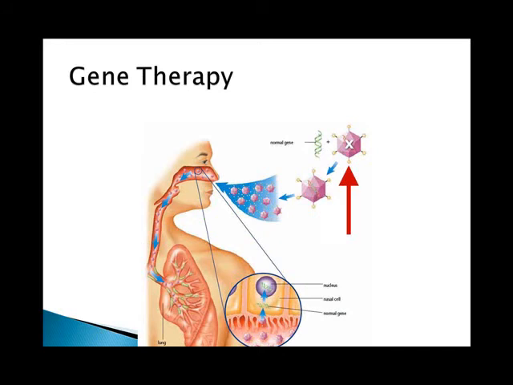Gene therapy is another type of genetic technology that we're starting to use. The first trials of gene therapy haven't gone super well, but more and more trials are going on now, and they're going a lot better because we've learned from the mistakes. What we do is use viruses basically as injectors. We put the normal gene in the virus and give it to the person, and that virus will then insert the proper gene into your cells to help fix you.